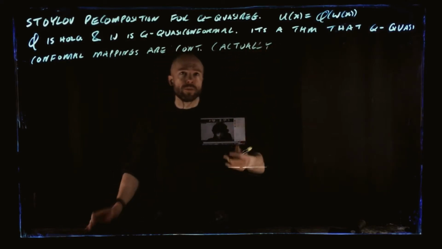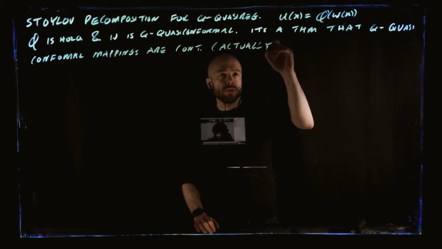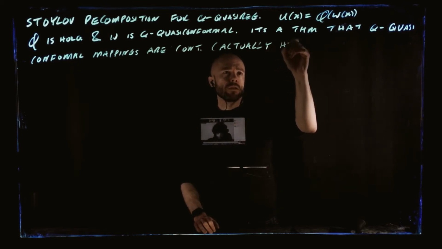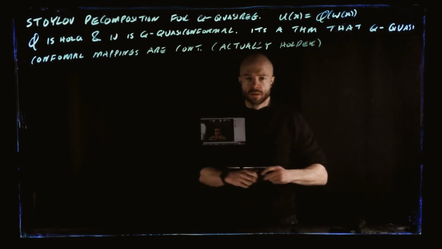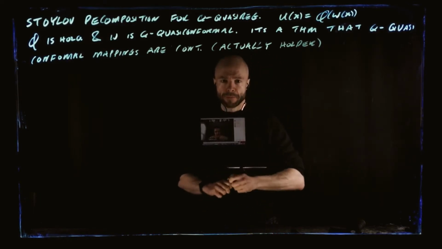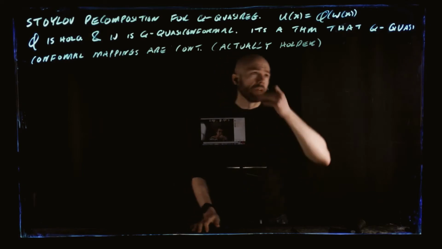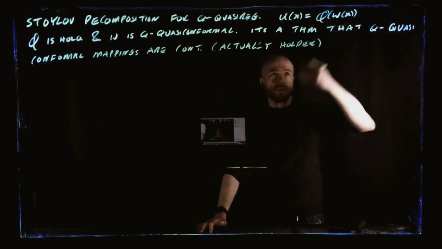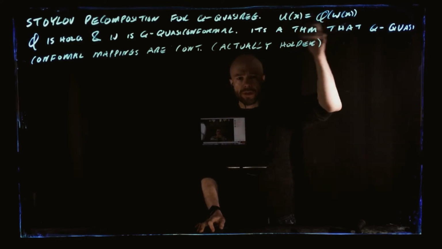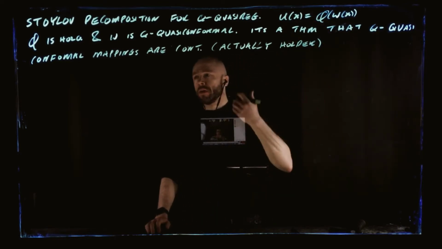And the Hölder exponent depends on the Q, and we will get into that later. And so obviously that implies that U is also continuous from the Stoilow decomposition.